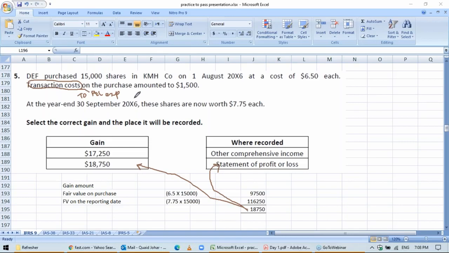I'll be showing you a diagram ahead in a few minutes regarding the accounting for the transaction cost, in which cases you can add it to the investment and in which case you cannot. So in this case, as the investment is in financial asset at fair value through profit and loss, I have not included the transaction cost in the investment. So the correct answer to this question was 18,750.